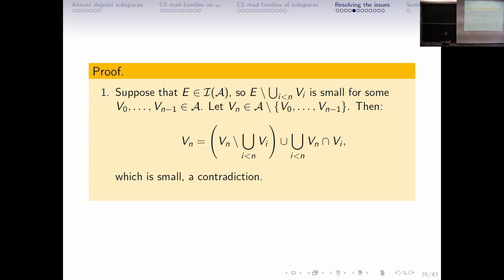Because it's an almost disjoint family, which implies that it is very small. So Vn is a union of a small set and finitely many very small sets, which implies that Vn is small. A contradiction, of course. So therefore, E is not inside I(A).